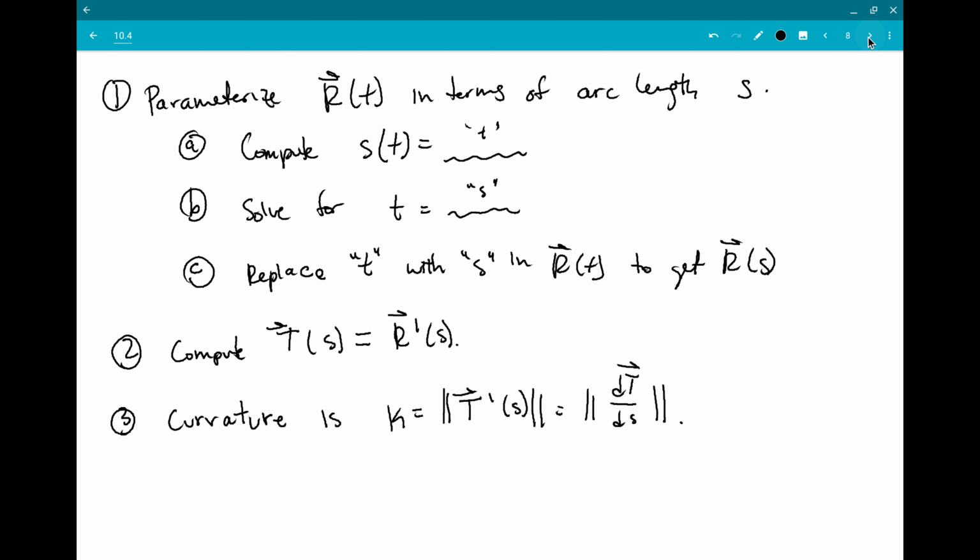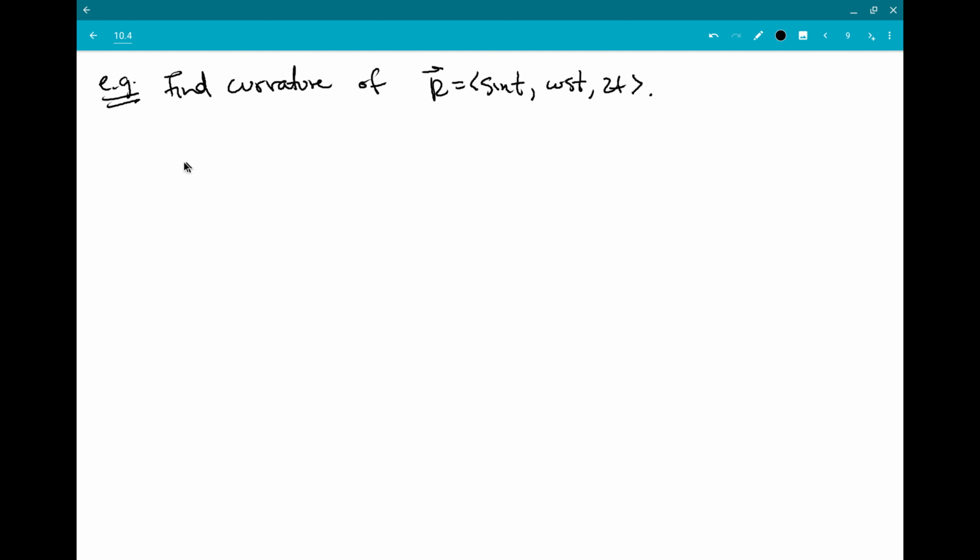First, we're going to parameterize this r of t in terms of arc length. So that involves first finding arc length. I know s of t is going to be the integral from the very first time, and we'll call that time 0 because we're not given any other information, up to some t.